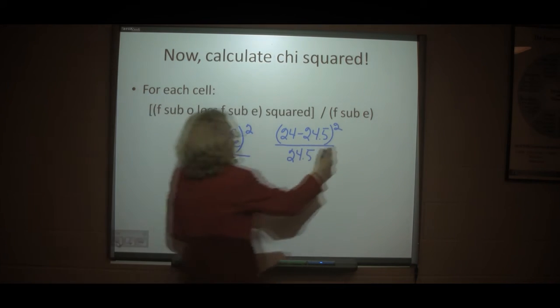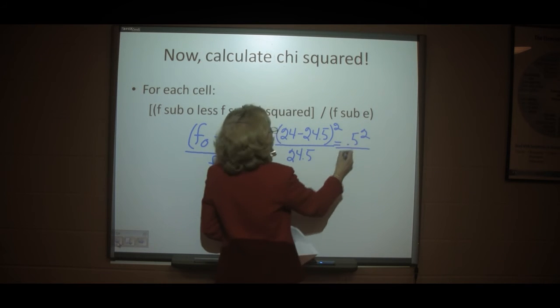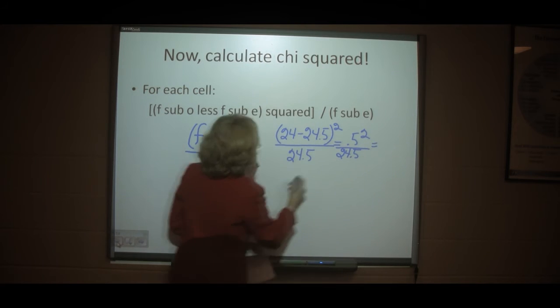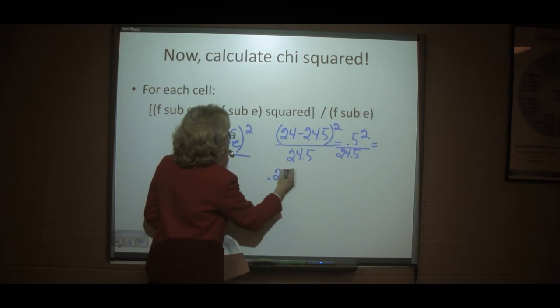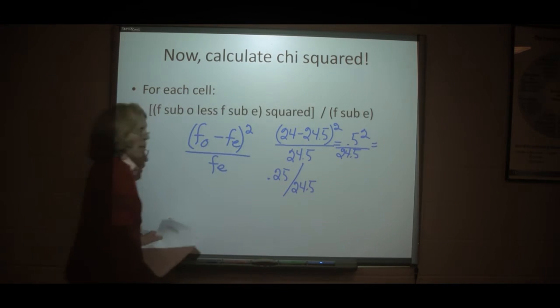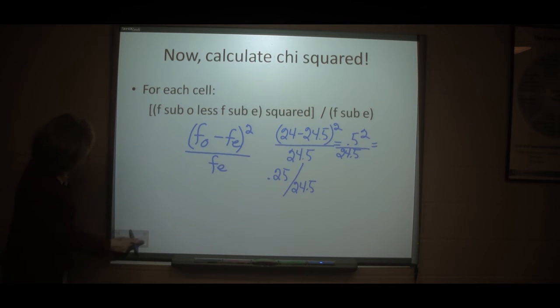So that's going to be 0.5 squared over 24.5. So that equals 0.25 over 24.5. Which you could see is going to be a very small number.